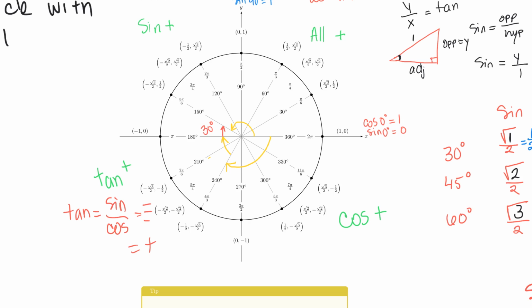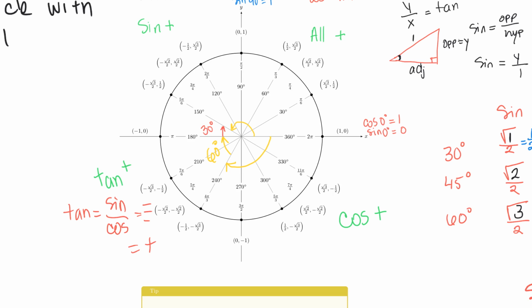We have two reference angles. You take the smallest one, which is closer to 180 degrees. And what is that angle? Well, you go 240 minus 180, and you know that this angle is equal to 60 degrees.